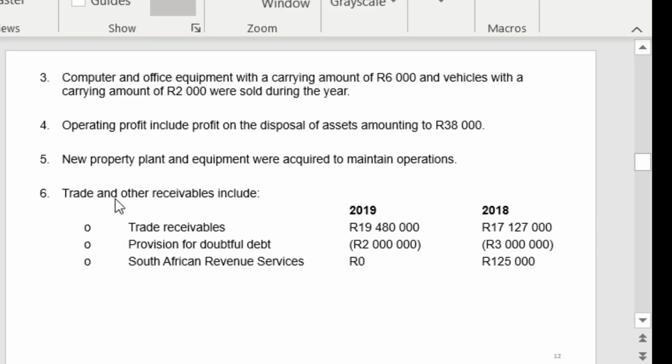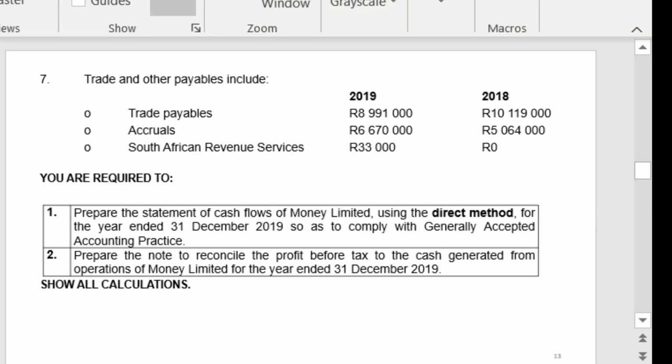When it comes to trade and other receivables, it is important to note that the trade receivables given in the additional information is the gross amount, whereas the trade and other receivables given on the statement of financial position is given as the net amount. And remember, as I've just indicated when looking at the principles, in the cash flow statement we work with the gross amount, not the net amount.